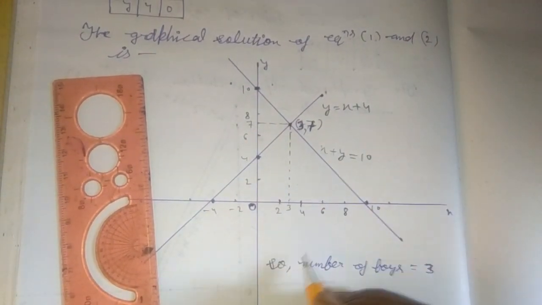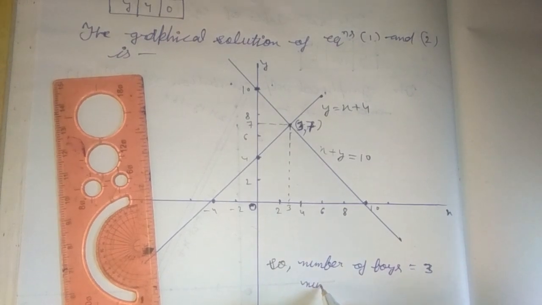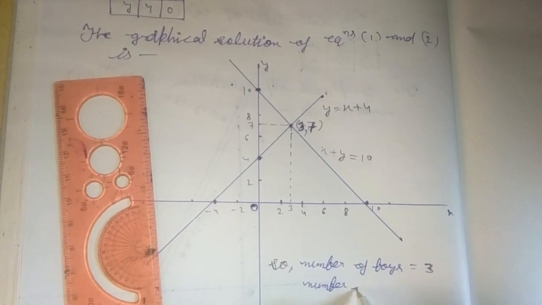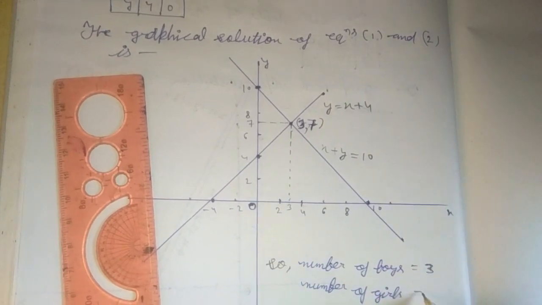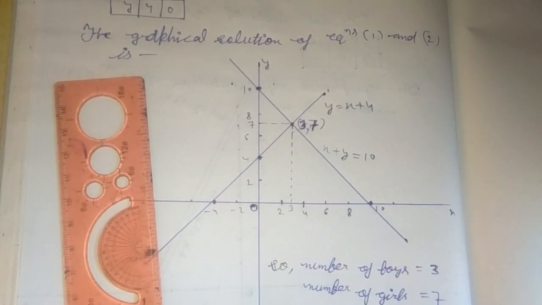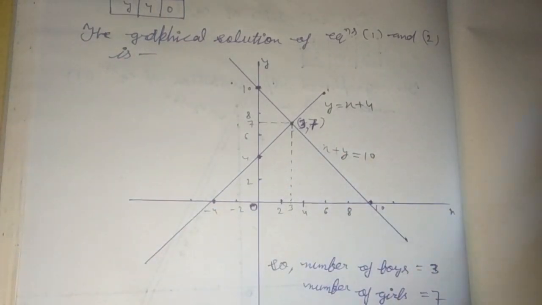So the number of boys equals 3 and the number of girls equals 7. So the solution of the first question is completed. Now look at the second question.